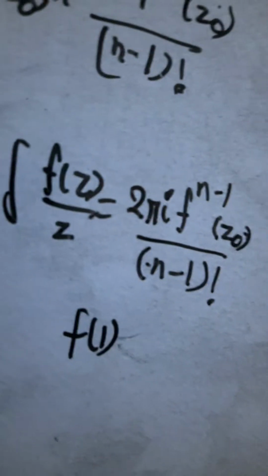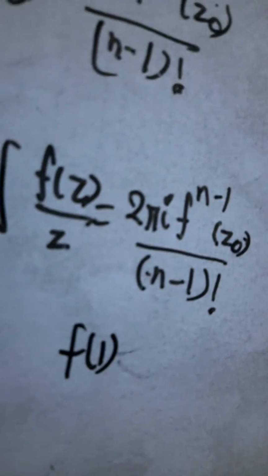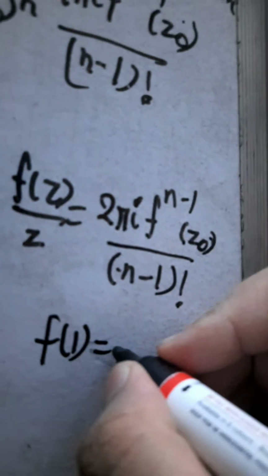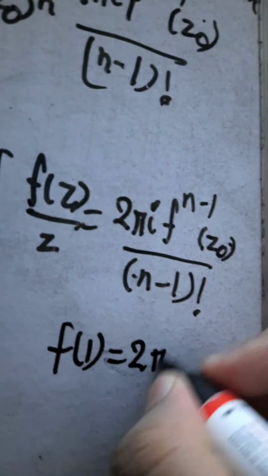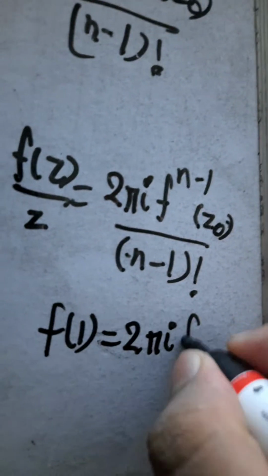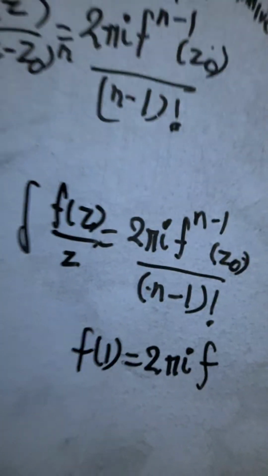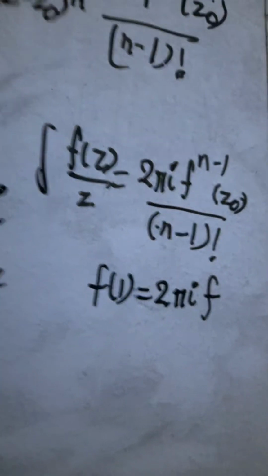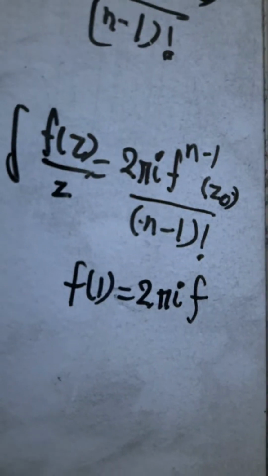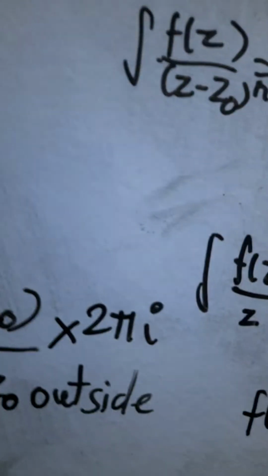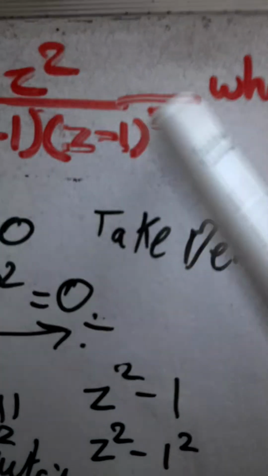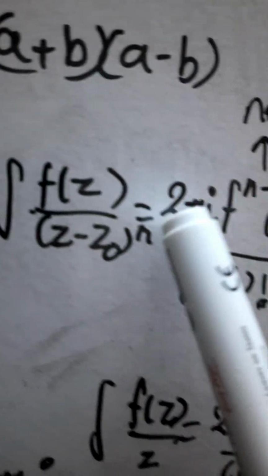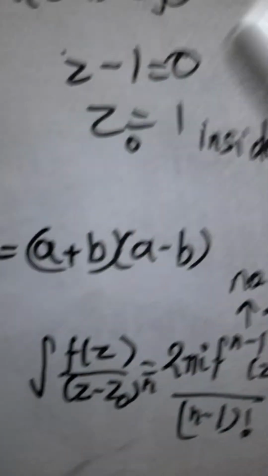Okay, so f of 1 equal to, first we have to take 2 pi I f of, so this is the whole bracket raised to 2, right? z minus z naught raised to 2, z naught is 1, so there was z minus 1 whole square, right?